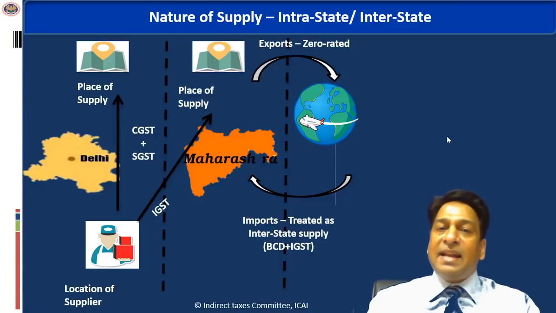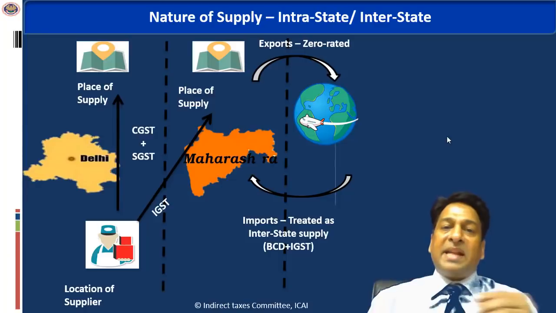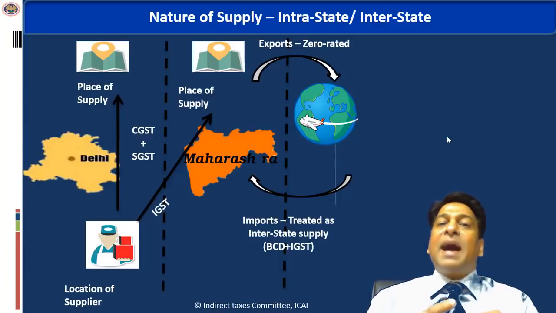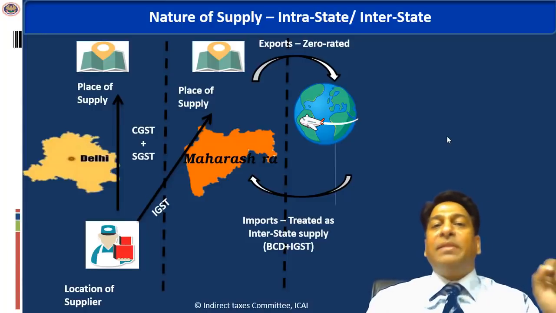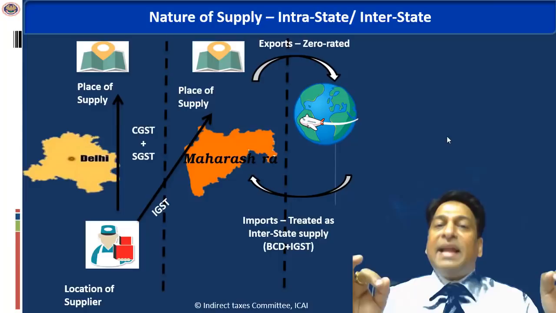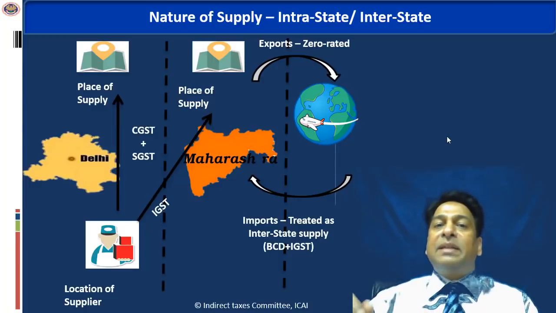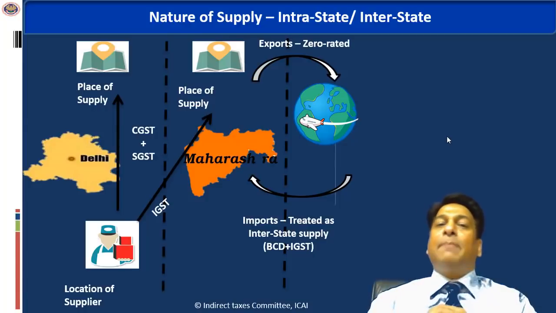Section 16 very clearly says that two transactions, export of goods and services and supplies to an SEZ unit or developer, are zero rated, meaning the transaction is interstate but no GST is leviable, either on payment of IGST, of which a rebate can be claimed by the exporter, or without payment of GST, in which case a refund of ITC, input tax credit, would be available in the hands of the exporter or the person supplying to an SEZ unit or developer.